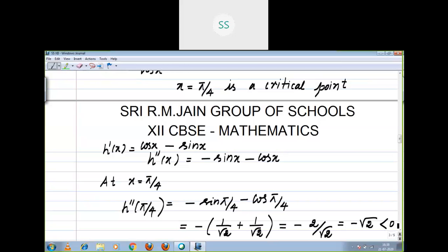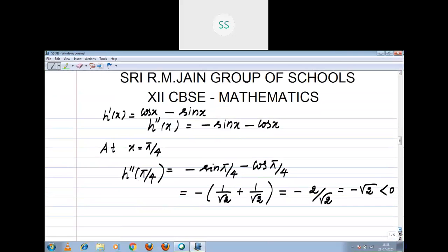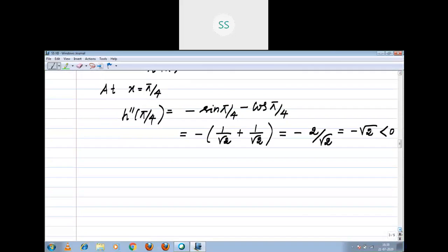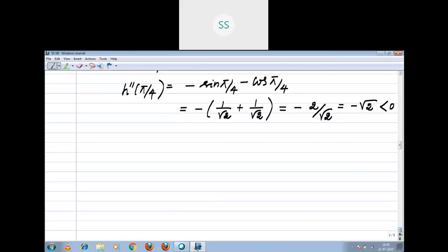The second order derivative is less than 0, what is your conclusion? The point is local maxima, right? x is equal to pi by 4. It is a critical point. That point is a local maxima, right?